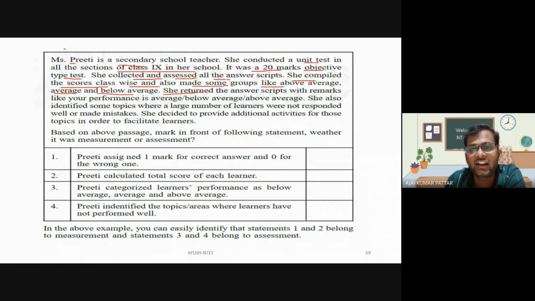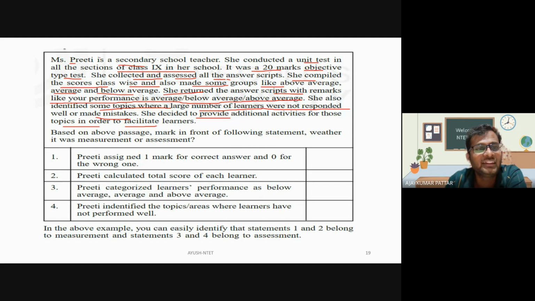She returned the answer scripts with remarks like your performance is average, below average, or above average. She also identified some topics where a large number of learners did not respond well and made mistakes. She decided to provide additional activities for those topics in order to facilitate the learners.